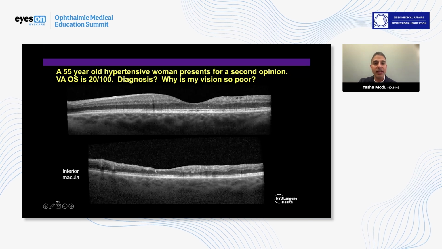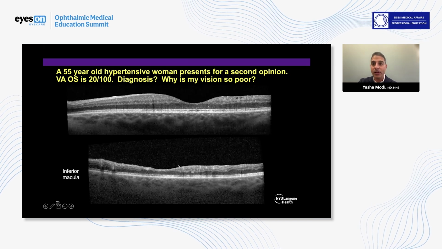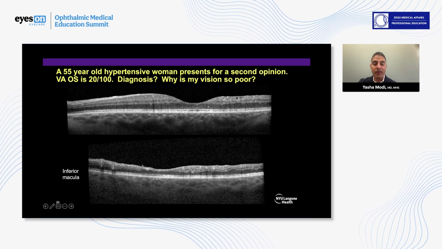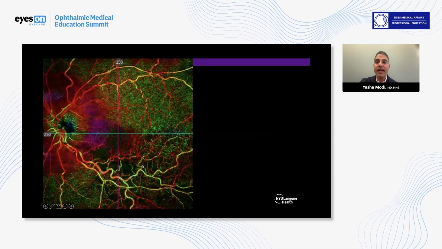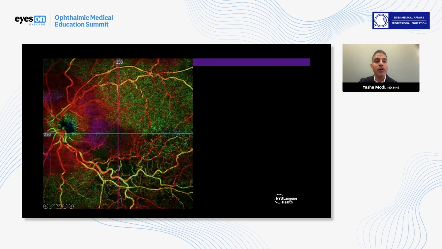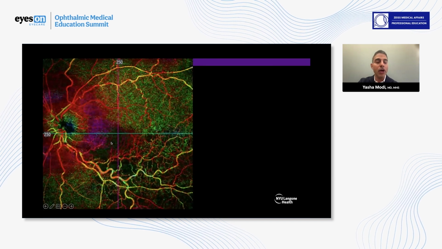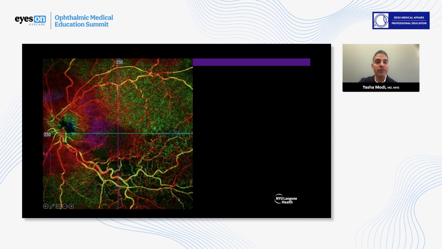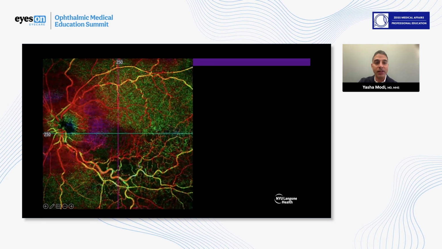But if you move over to the inferior macula, this was the retinal vein occlusion patient that I showed you earlier with severe intraretinal thinning. Now, take a look at depth-encoded OCT angiography, where you can see the area of non-perfusion inferotemporally, respecting the raphe.